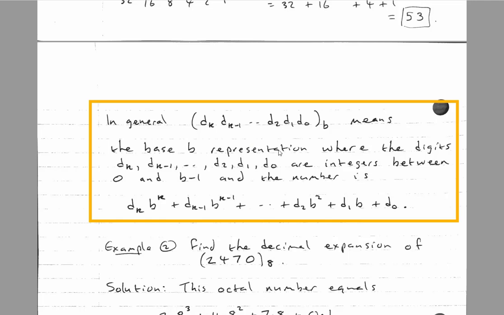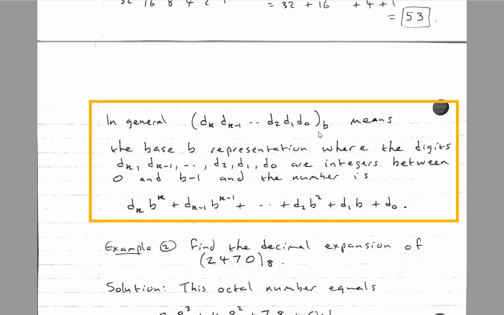So this is a base B representation. These digits are between 0 and B minus 1. As we saw for base 2, it's 0 or 1. Base 10, it's 0 through 9. For bases bigger than 10, you're going to need some extra symbols.